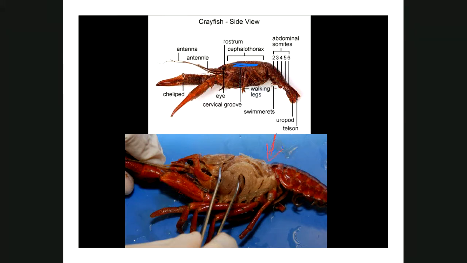What are these things? These are the gills. They look like little feather dusters, or wet ones anyway. But they look like little feathers.